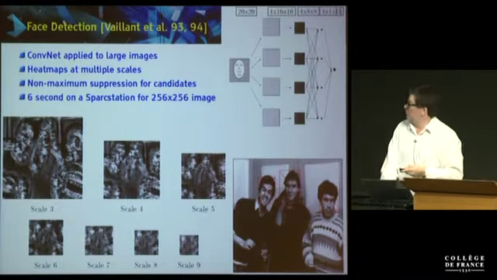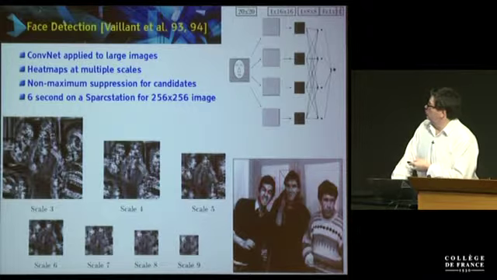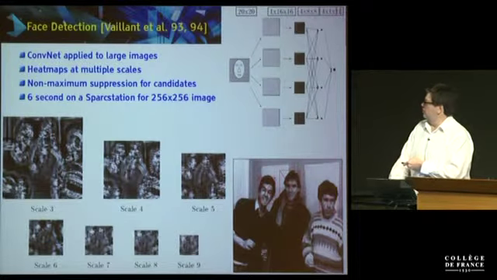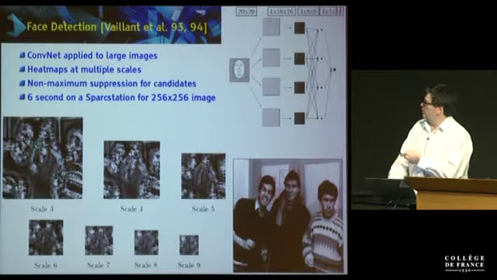Here's an example of an application that dates back to the 90s. At multiple scales, this convolutional network was trained to come up with this when a face was in its window.